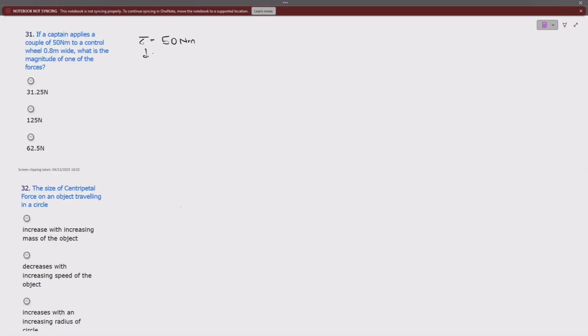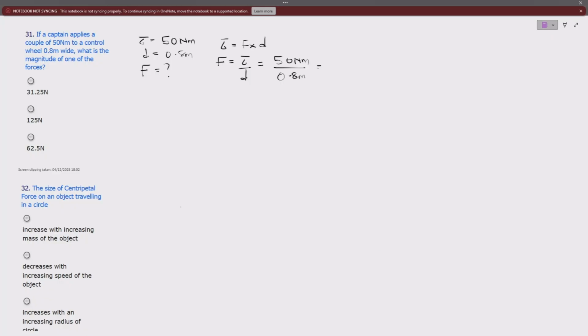The distance equals 0.8 meter wide. You don't know the force, and torque equals force times distance. So therefore the force will be torque divided by the distance. This is going to give you 50 Newton meters divided by 0.8 meters.